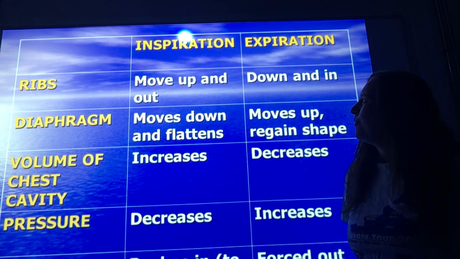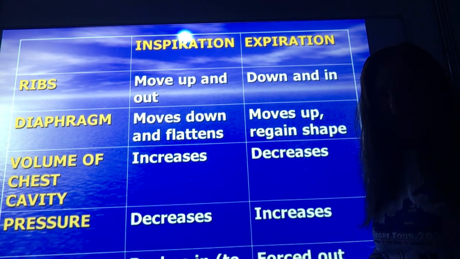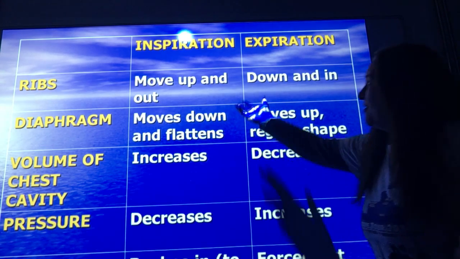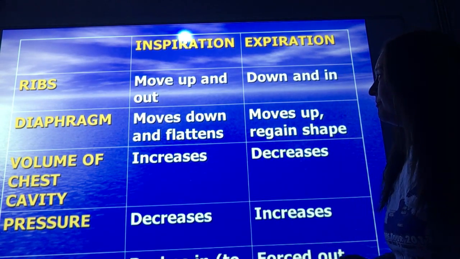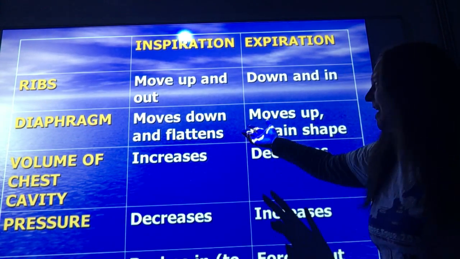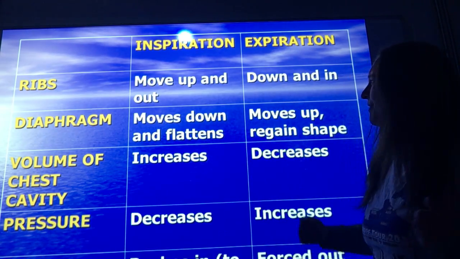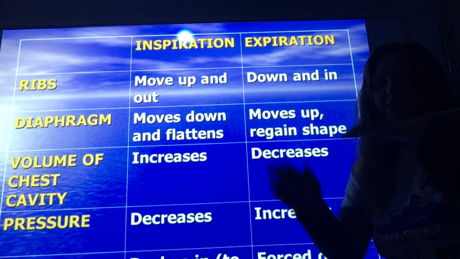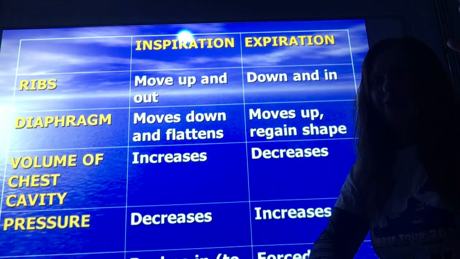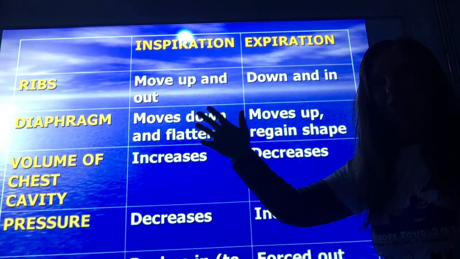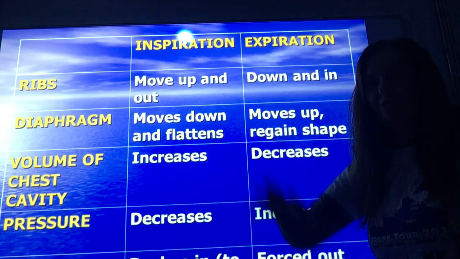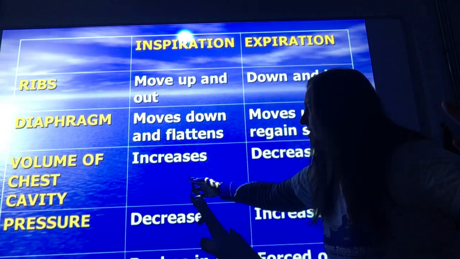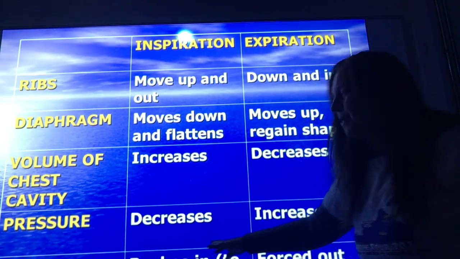Okay, here we go. Inspiration: when you breathe in, what happens? Your ribs move up and out. You probably can't feel the diaphragm moving, but as your ribs move up and out, the diaphragm moves down and flattens. So you've created a larger volume. By Boyle's Law, larger volume means lower pressure.